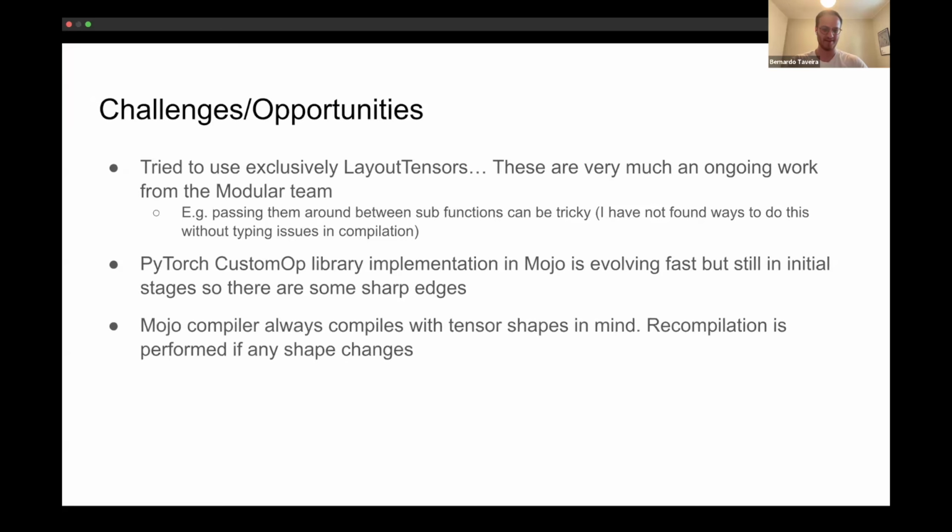The main hindrance for me right now for this application is that the compiler optimizes for shapes. If you understood the kernels after kernel number 2, which is the one that has binning, any change in either the number of Gaussians or where you're viewing from changes the shapes for the third kernel.